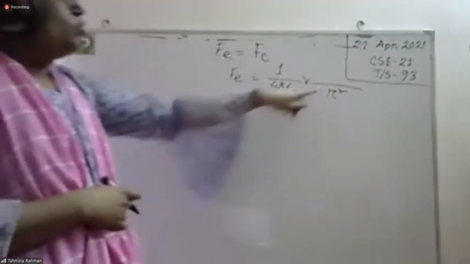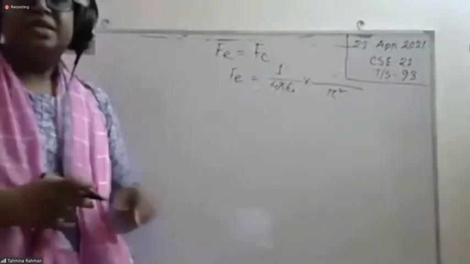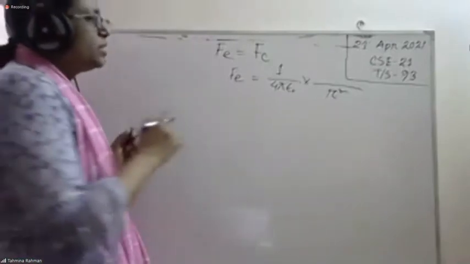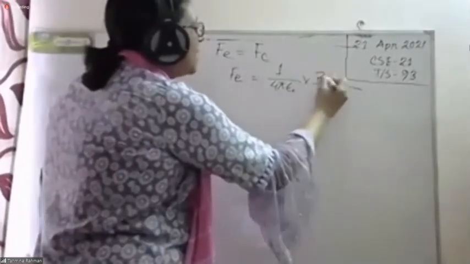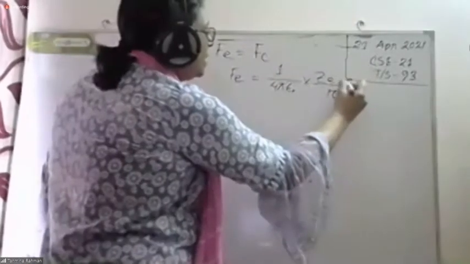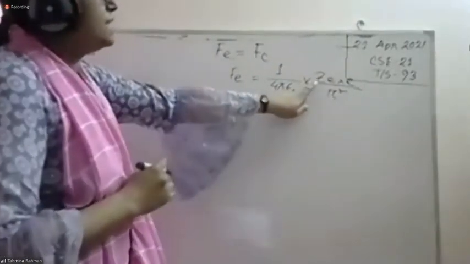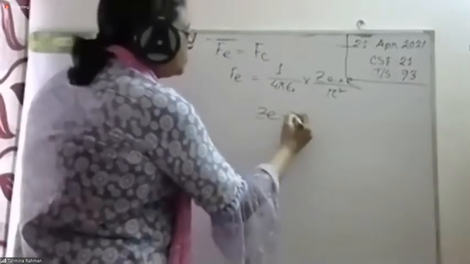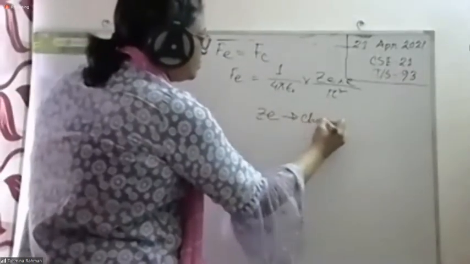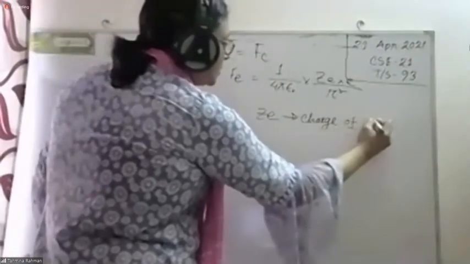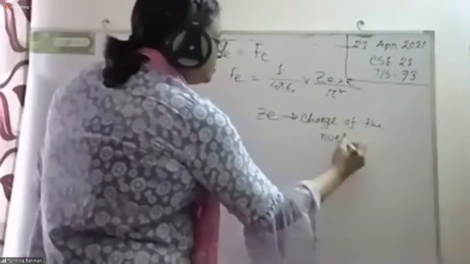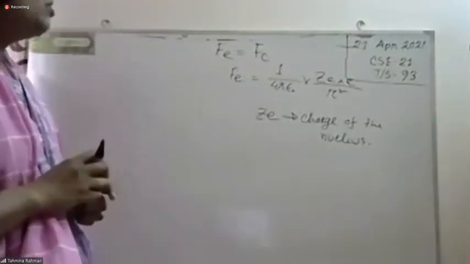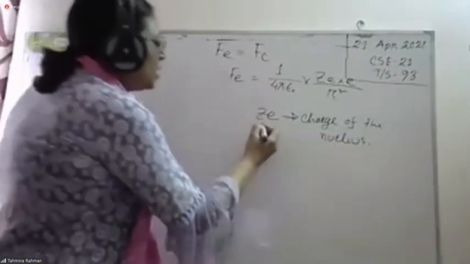Now what will be on top? What charge should I write? Ze into e. Good. Ze is the charge of the nucleus. What is Z?